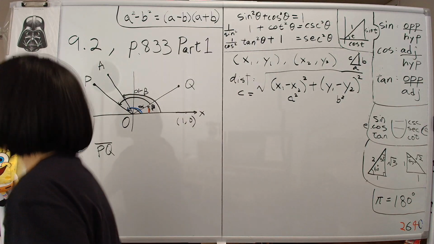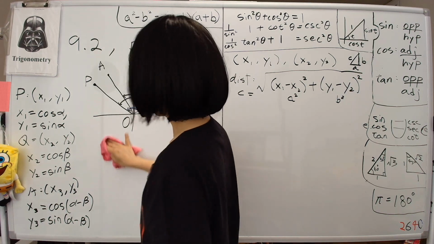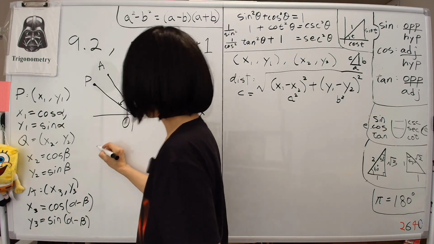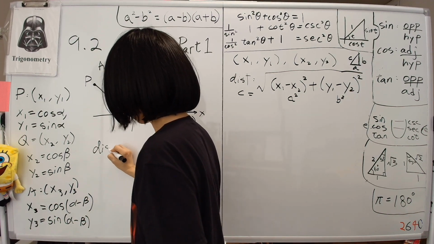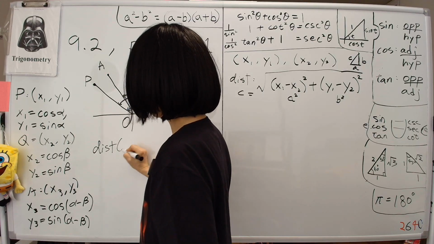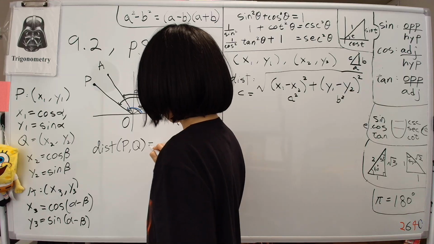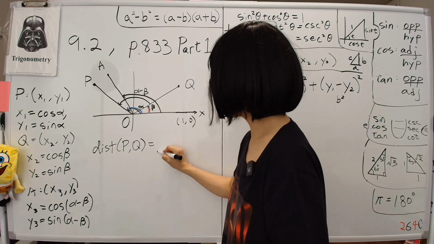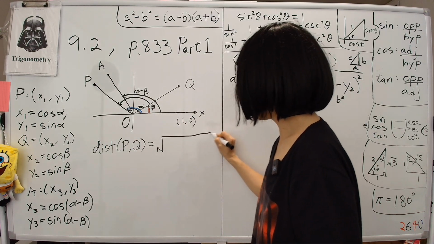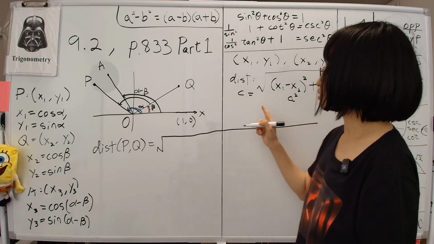Maybe I should write it as DIST instead of the bar. So the distance between P and Q, equal to, draw the square root sign. That is going to be a long square root sign.